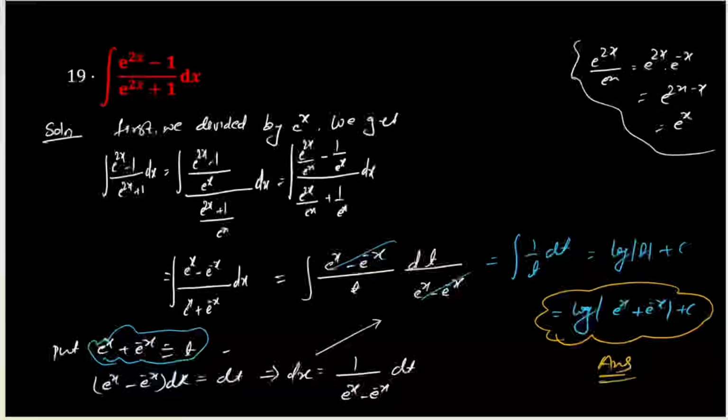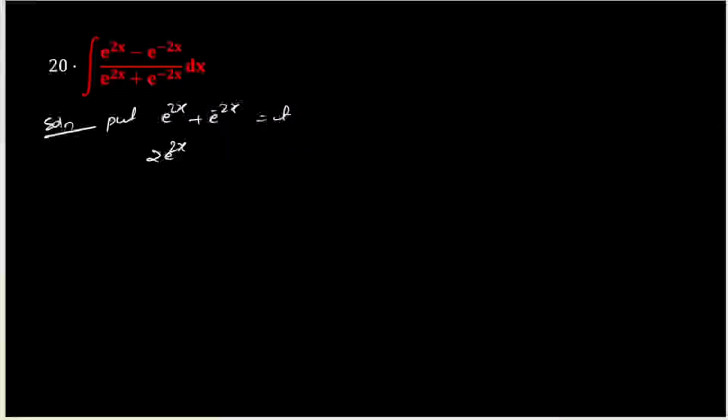Okay, so next problem we continue. Here we put e^(2x) + e^(-2x) = t, as in the previous problem, and differentiate with respect to x.